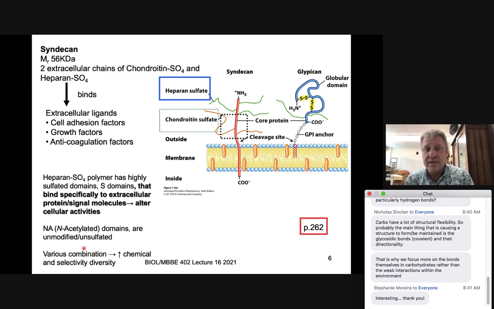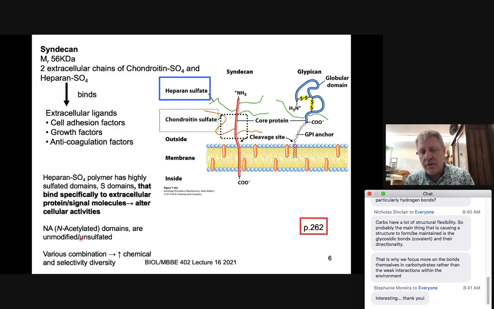So we see now some of these constituents playing a very important role in combining various heparin and chondroitin sulfate moieties to increase the chemical diversity of these types of proteoglycans. We also see this NA, this N-acetylated domain. These are spaces that might be present in the heparan sulfate and the chondroitin sulfate.